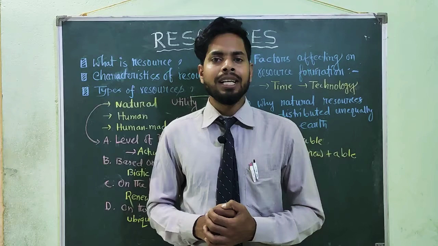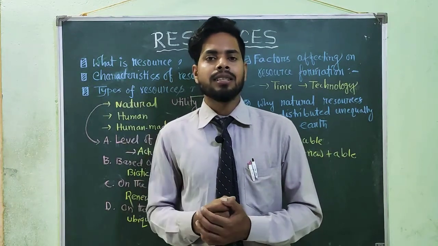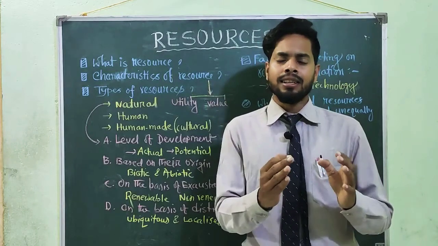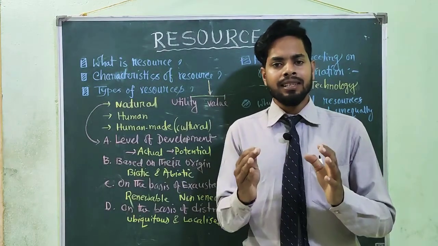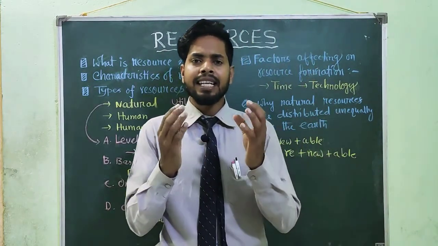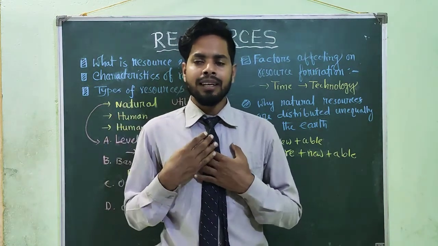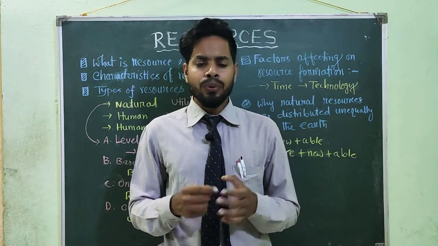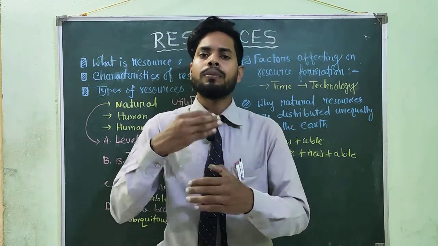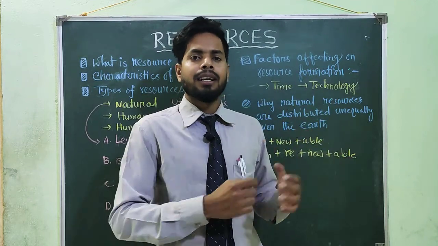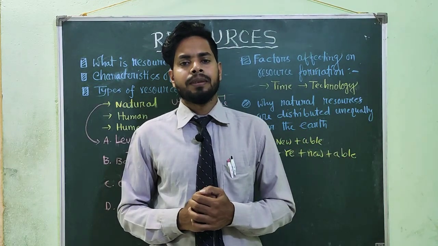First is utility and another is value. So let's start with utility. Utility means a thing that is used by you, or by me, or by us. So when a thing is used by someone, this thing is referred to as a resource.